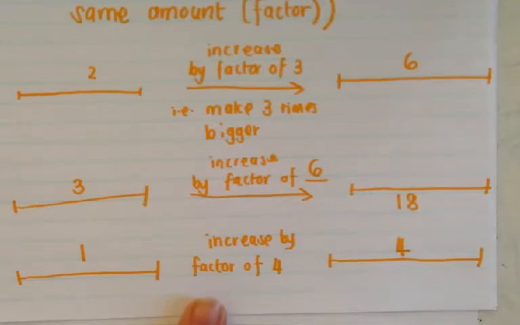So that is what I mean by proportion. That there was a factor that I multiplied to get the new line. So after everyone's written down, let's see how this works in triangles.